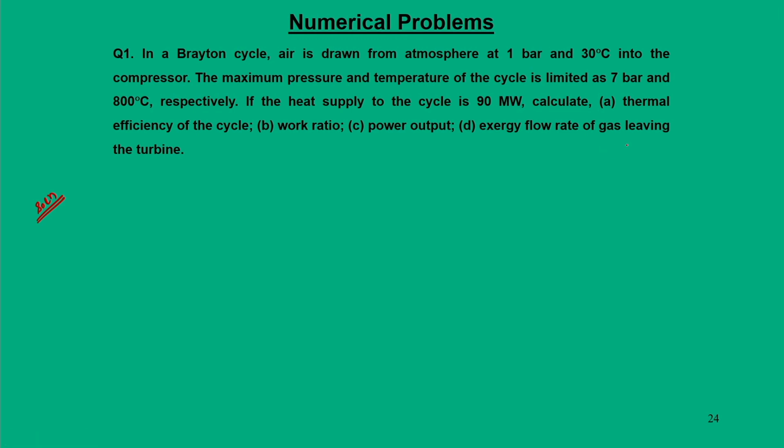For a simple Brayton cycle, the first thing we are going to draw is the temperature-entropy diagram, and we have to represent the cycle diagram 1, 2, 3, 4. 1-2 compression, 2-3 heat addition, 3-4 turbine and 4 to exhaust.